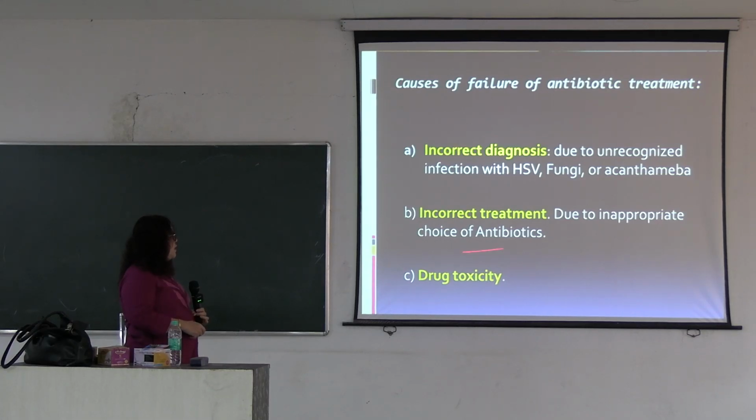The second one is incorrect, mismatched treatment. In this condition, non-healing, failure of healing of the ulcer, occurs. And the third one is due to the toxicity of the drugs. This is another cause which causes failure of healing.